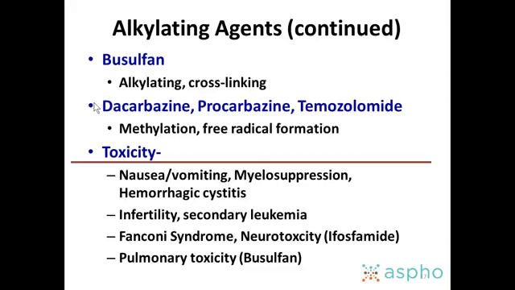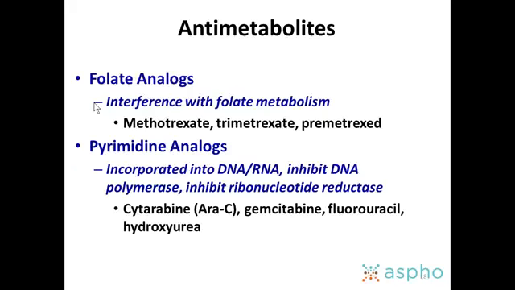This leukemia is a little different, and we'll allude to this a little later, from what is caused by topoisomerase II inhibitors. It typically happens a little later, and is usually associated with myelodysplasia, monosomy 7, and deletion of 5q. With ifosfamide, you can also have Fanconi syndrome and neurotoxicity, and with busulfan, you have pulmonary toxicity.